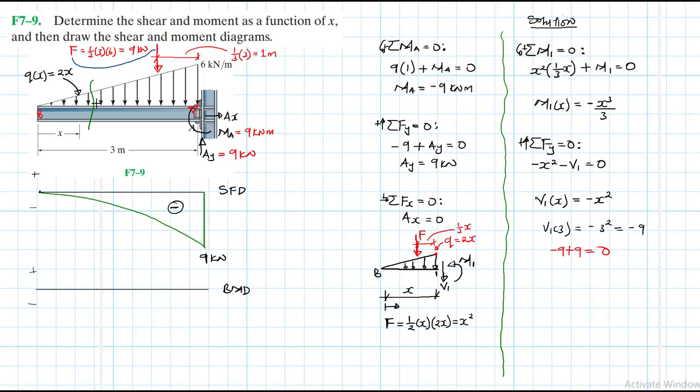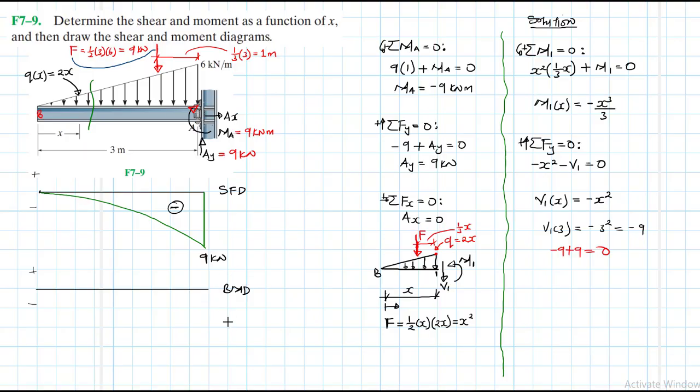Look at the loading. The loading is also increasing in the negative direction, from 0 to minus 6. So expect the slope of the shear force to also be increasing when the loading is increasing negatively.